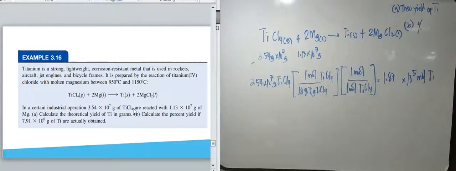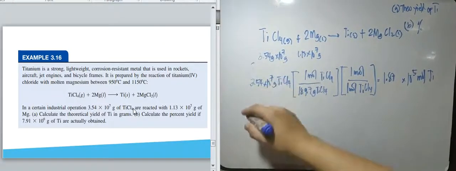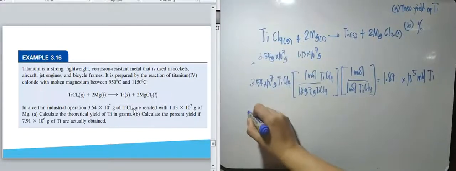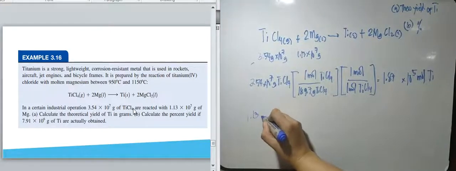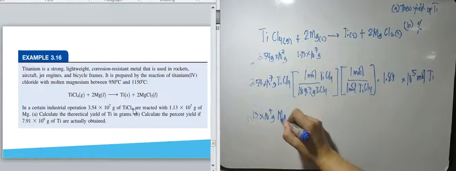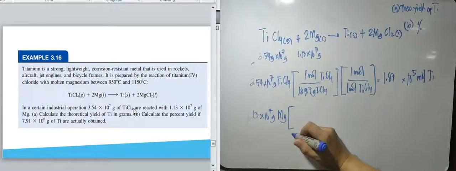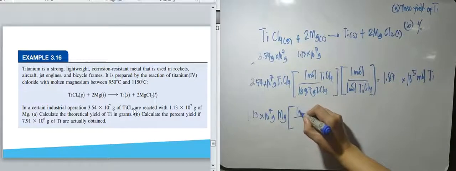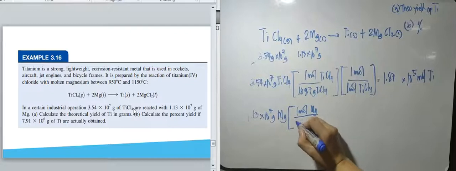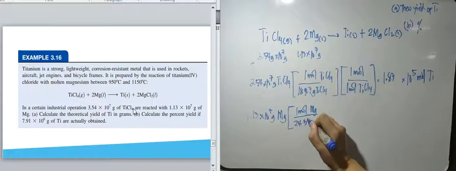Okay, so we also need to check who is the limiting reactant. Is this one or this one? So we have here 1.13 times 10 raised to 7 grams Mg, magnesium. So in 1 mole Mg, we have 24.31 grams.